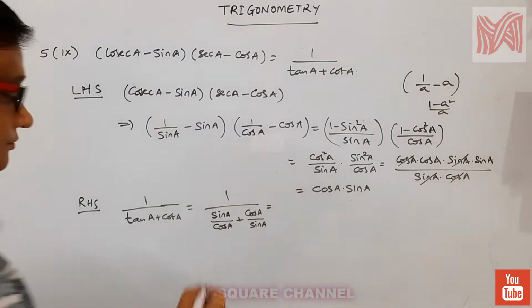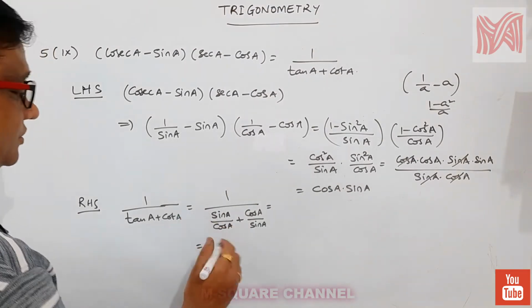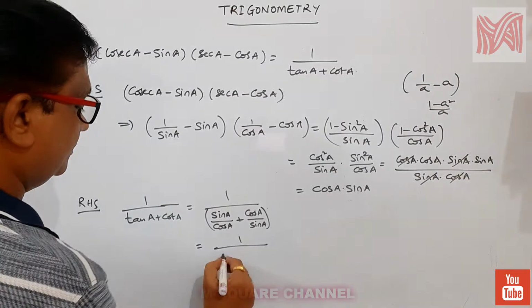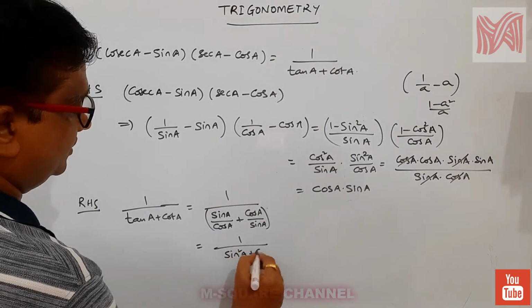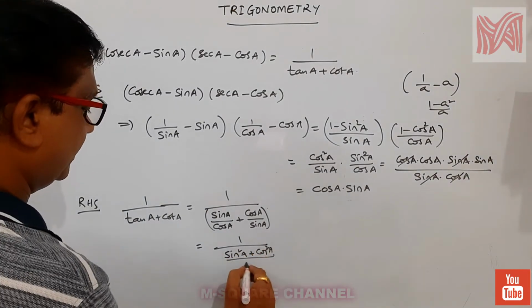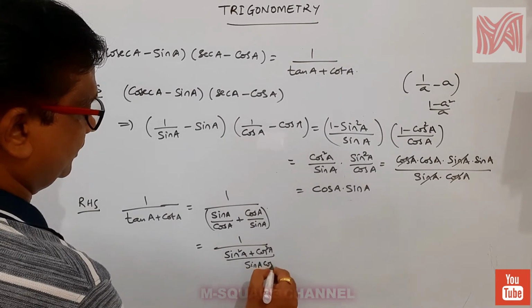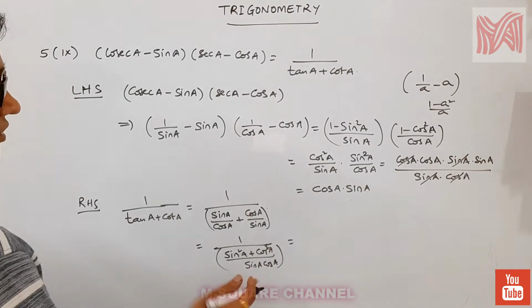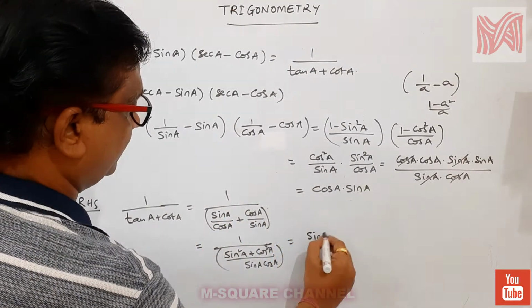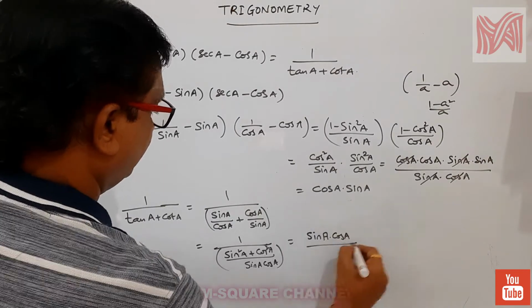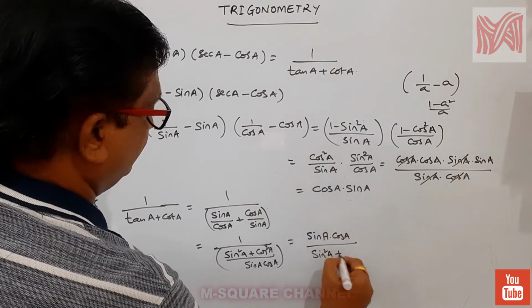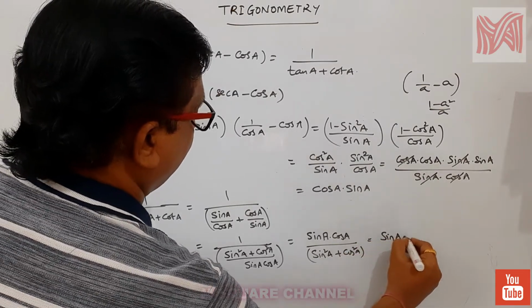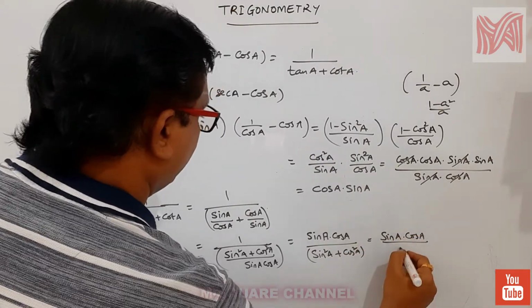So here sin A into sin A, this is the total denominator. So sin square A plus cos square A by sin A into cos A. After taking the reciprocal, sin A into cos A by sin square A plus cos square A. So sin A into cos A by 1.